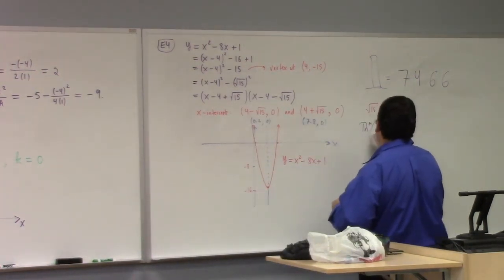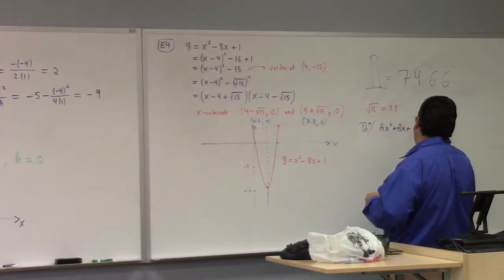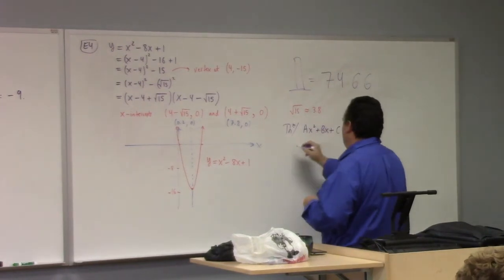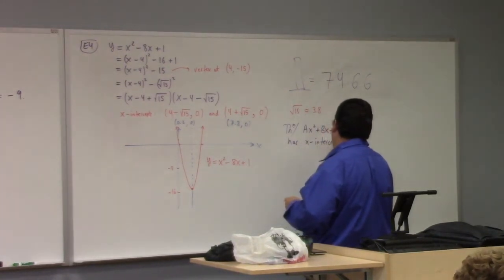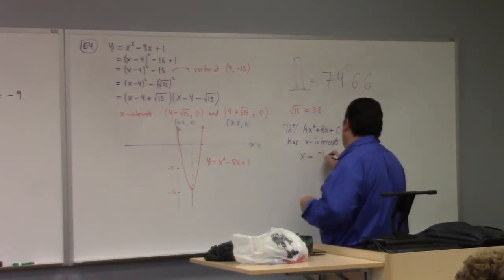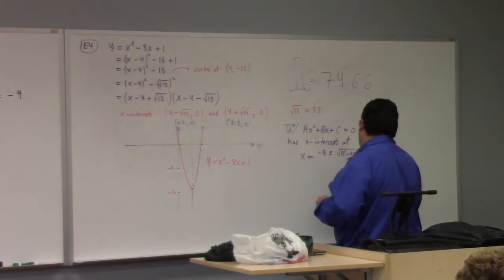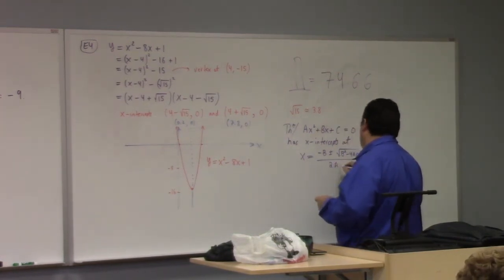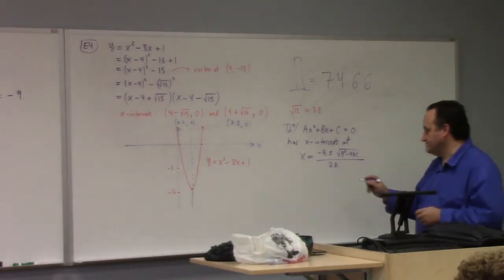Theorem: ax squared plus bx plus c equals 0 has x-intercepts at x equals minus b plus or minus the square root of b squared minus 4ac, all divided by 2a, provided what?